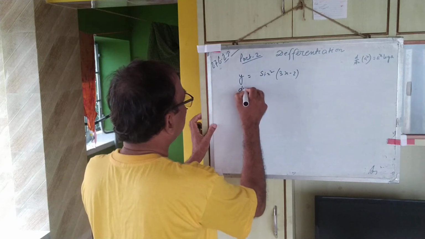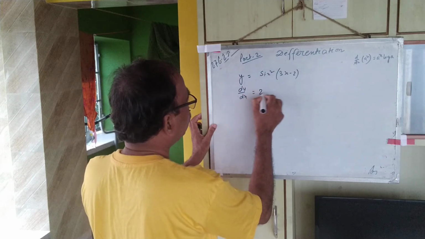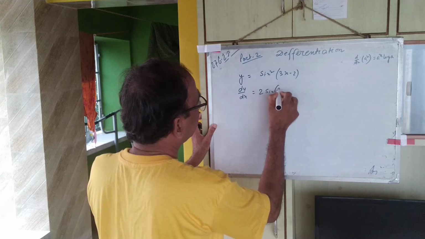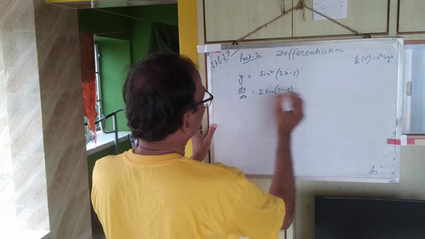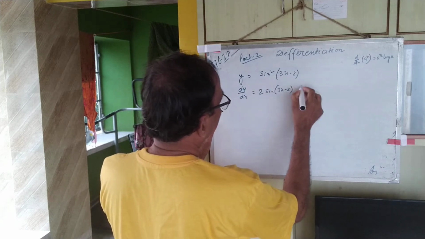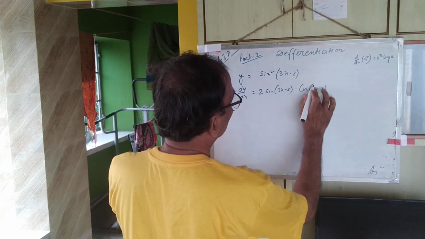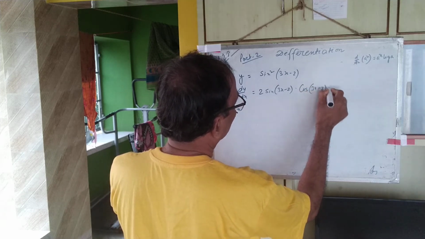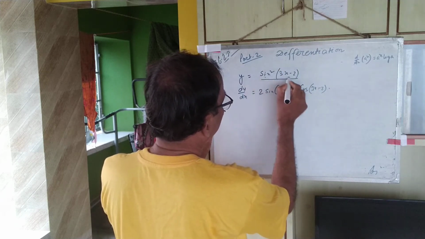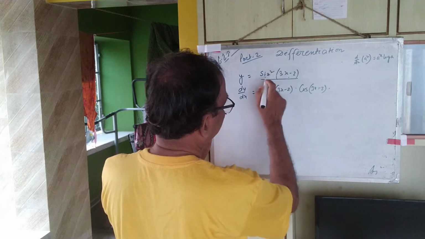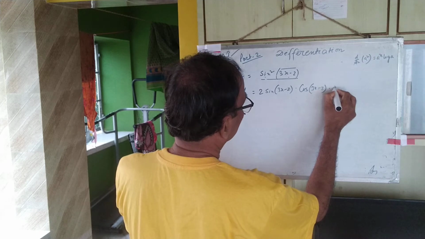Here dy/dx equals, the power will come first, 2 sin(3x minus 2), into the derivative of sine, cos(3x minus 2). Now this is the chain rule: first this one, then sine, treated as sin x, whose derivative is cos x, then 3x minus 2 has derivative 3.